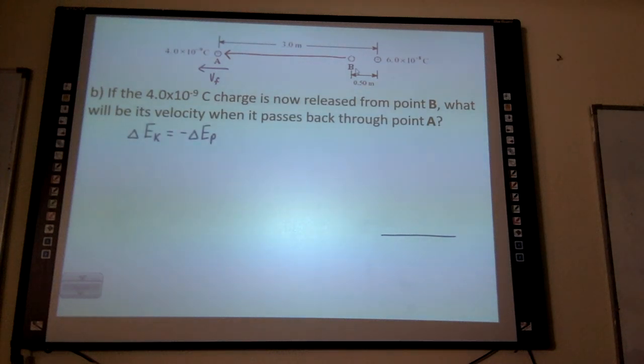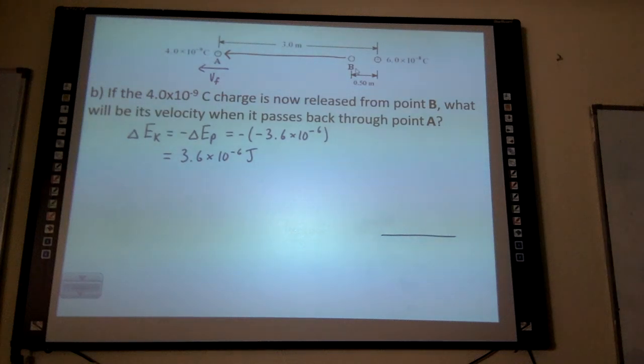So the change in kinetic energy is the negative change in the potential. We already figured out the work, so we have the change in the potential energy already. Therefore, we know what the change in the kinetic energy is. With me so far?